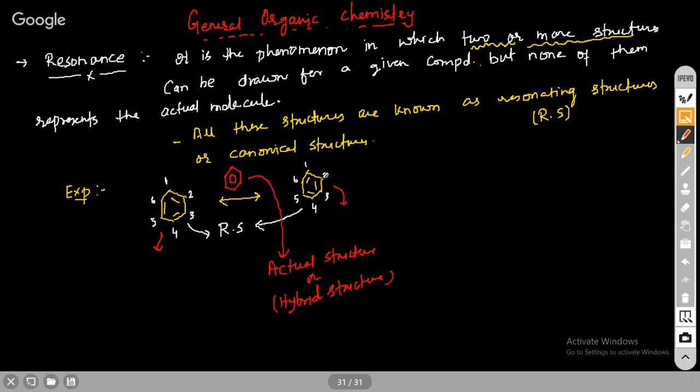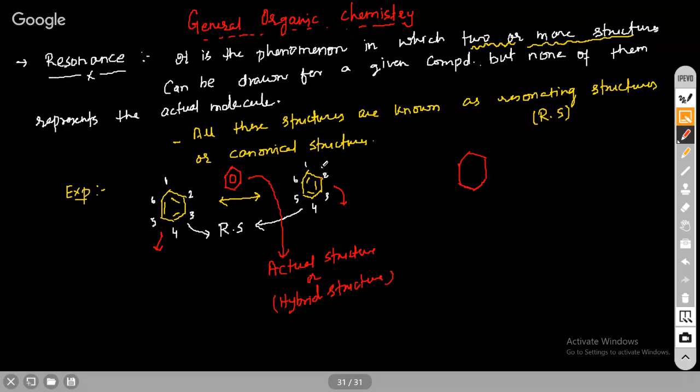Here we have second and third, fourth and fifth, first and sixth carbon atoms. So in the actual benzene molecule, the pi electrons of the double bonds delocalize over the entire molecule through resonance. Now if you compare these two structures, the first and second carbon has a double bond in one and a single bond in the other.